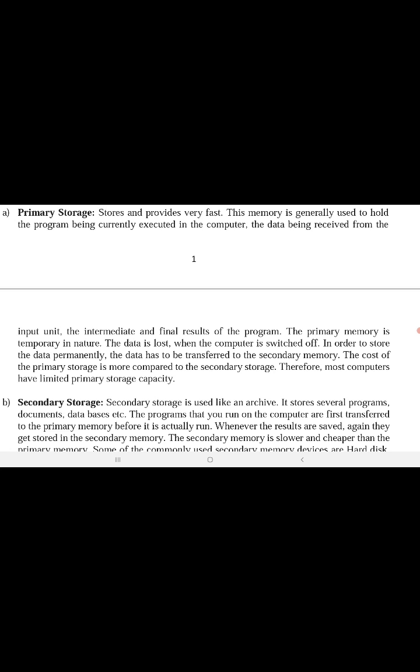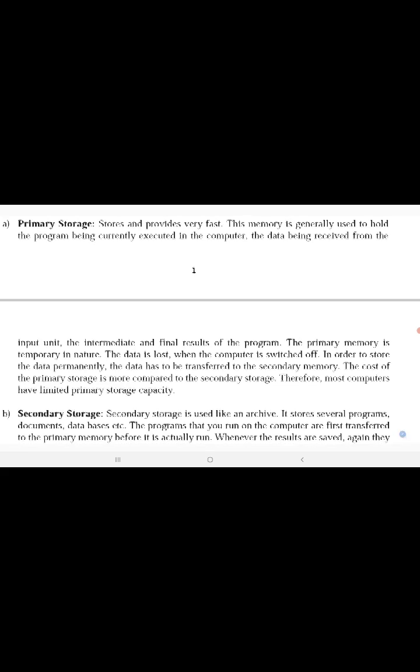So, what is primary memory? Primary memory is the main memory of a computer. It is also called main memory or memory of a computer generally, and it is very high speed memory.